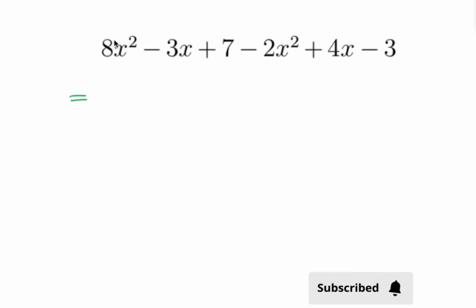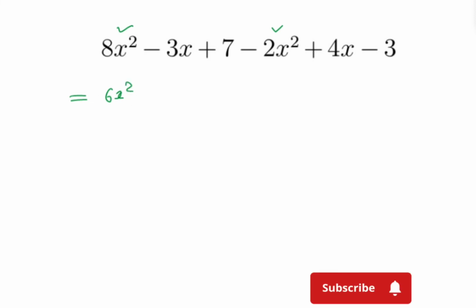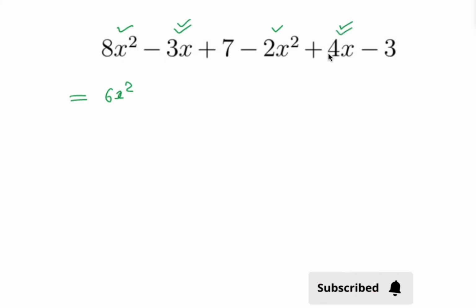Okay, x square and this one are like terms. So 8x square minus 2x square. So 8 minus 2, 6x square. Now 3x. So this one, minus 3x plus 4x. 4 minus 3, 1.